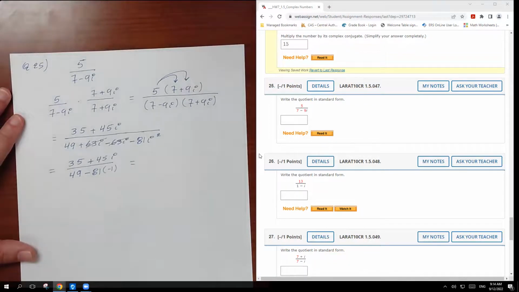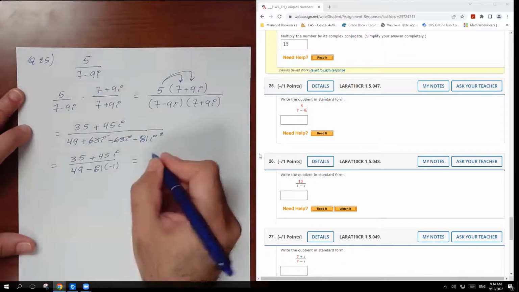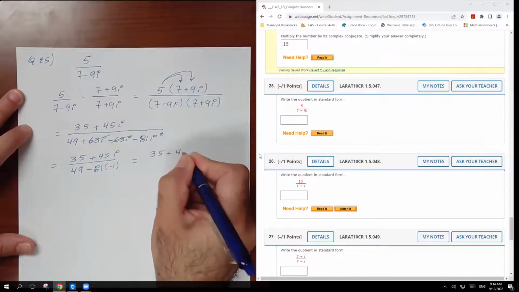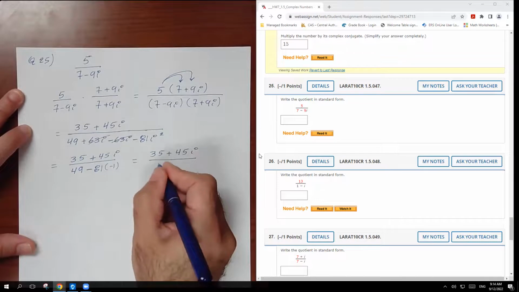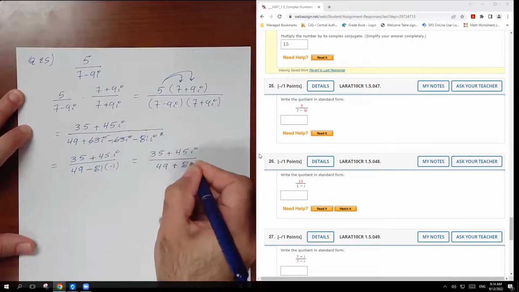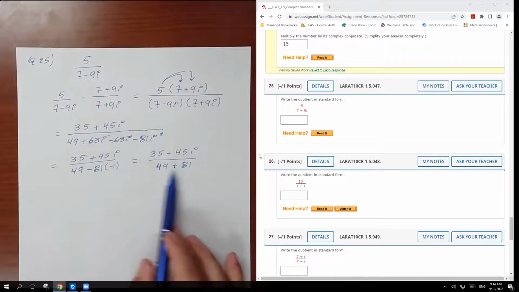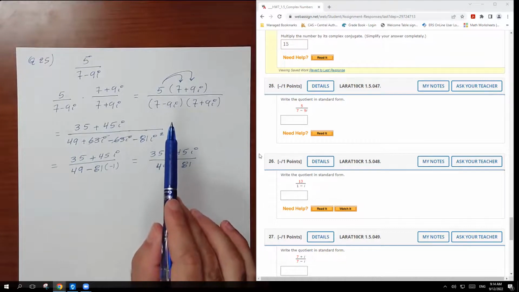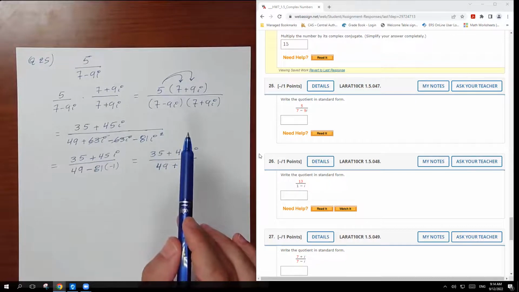So now keep going, 35 on the top plus 45i divided by 49 plus 81. Now, if you look to the bottom part, if you multiply 2 conjugate numbers, the result always is a real number.